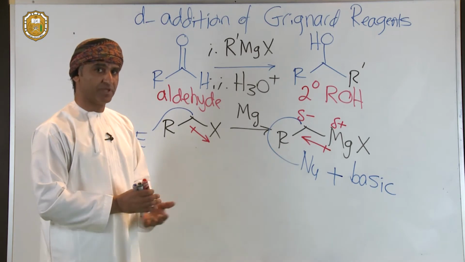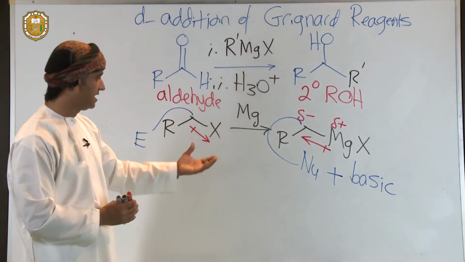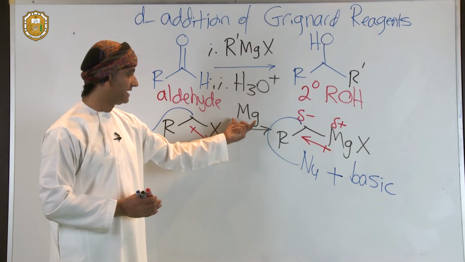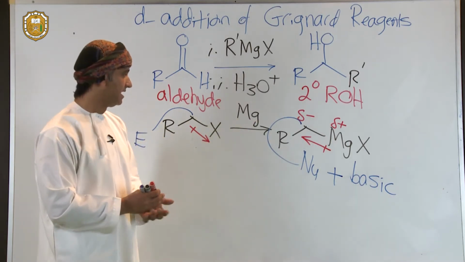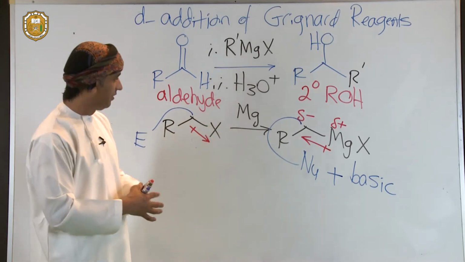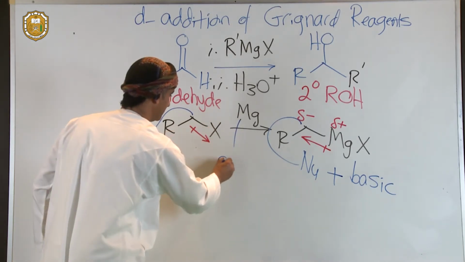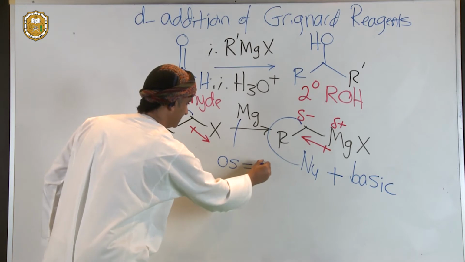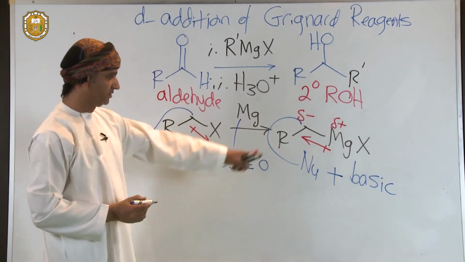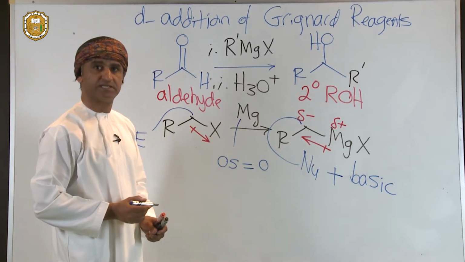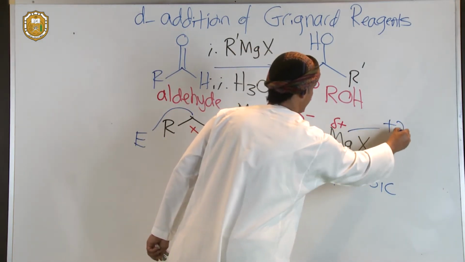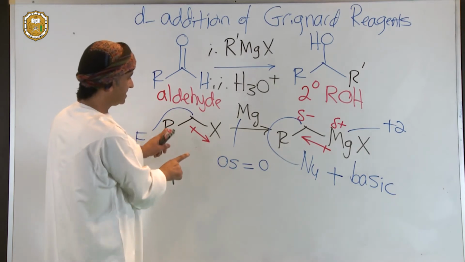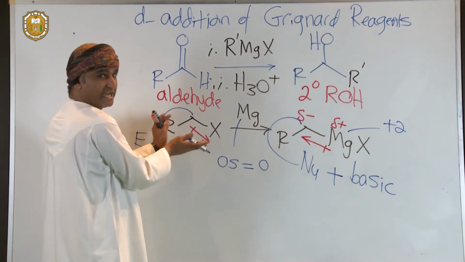Another important requirement for this Grignard formation reaction is that the magnesium has to be in the elemental form. It has to be in the free state. In other words, the oxidation state of magnesium must be 0. And if you notice, the oxidation state of magnesium in the Grignard is actually +2. Magnesium has inserted itself in this C-X bond.